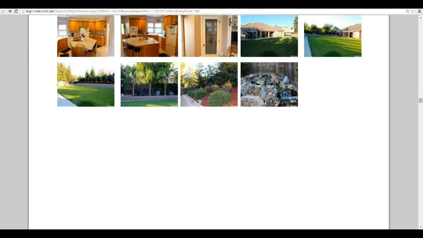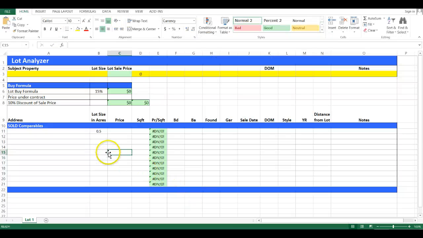Also, I'll show you here, the reason why we put in this information, the price, the square feet, the bedrooms, the bathrooms. Why do we need to know that? The foundation, the garage, right? So that we'll know what homes are selling for in that area, what type of homes, how many bedrooms, how many bathrooms.